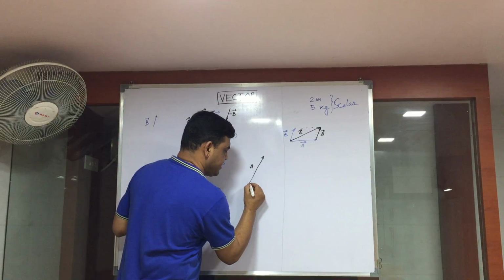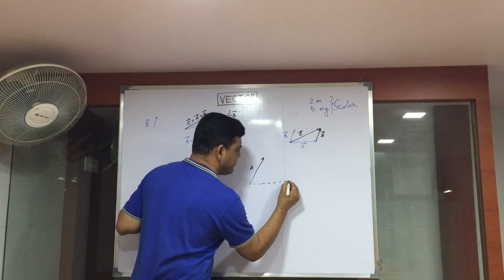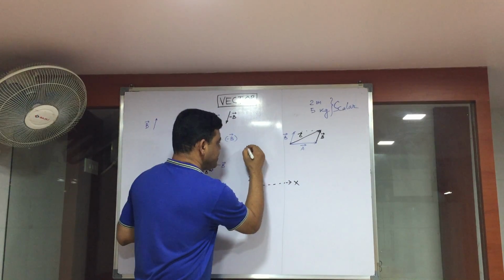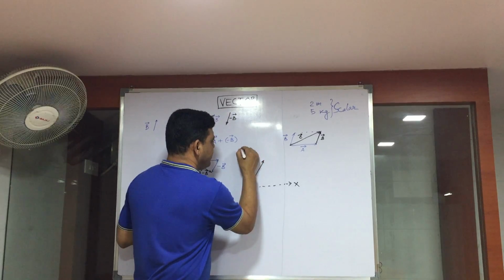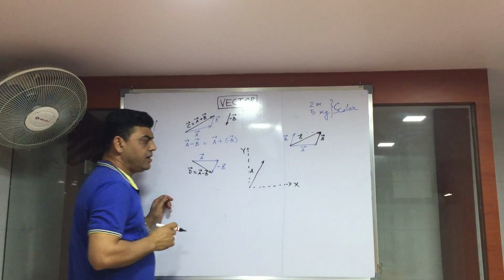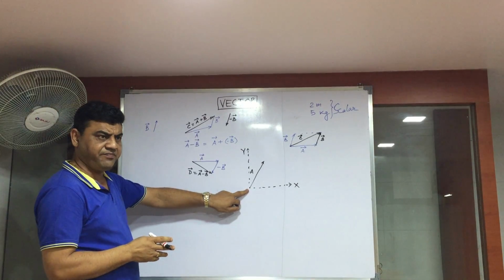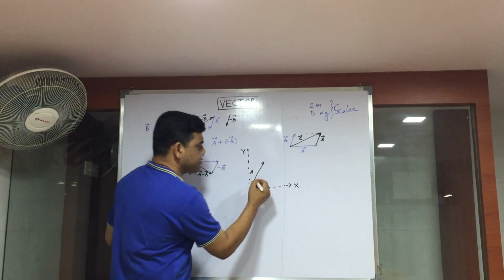So as I said, it is Cartesian coordinates, so we can say this is our x-axis and this is our y-axis.